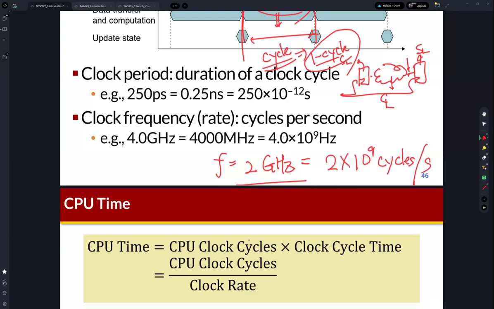So we can count the clock cycles per unit time. Then we can count 2 multiplied by 10 to the 9 cycles, 2 gigacycles per unit time. This is the meaning of clock frequency.